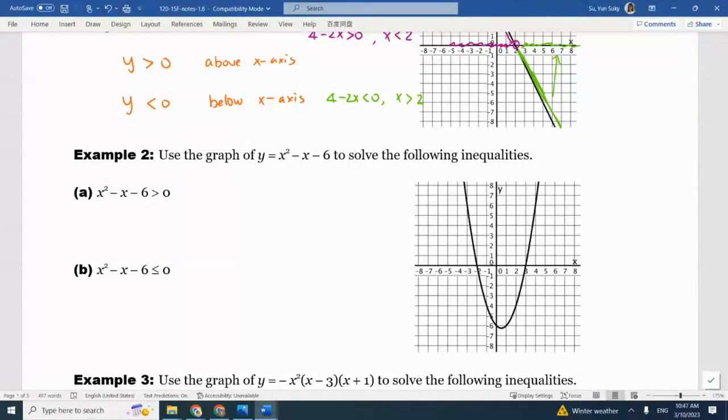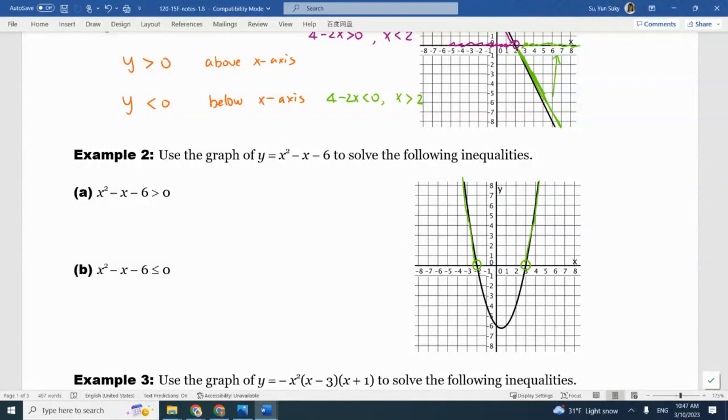Okay, now x squared minus x minus 6 greater than 0. That means the y is above the x-axis. Right, everybody? Above the x-axis, they are here and here.